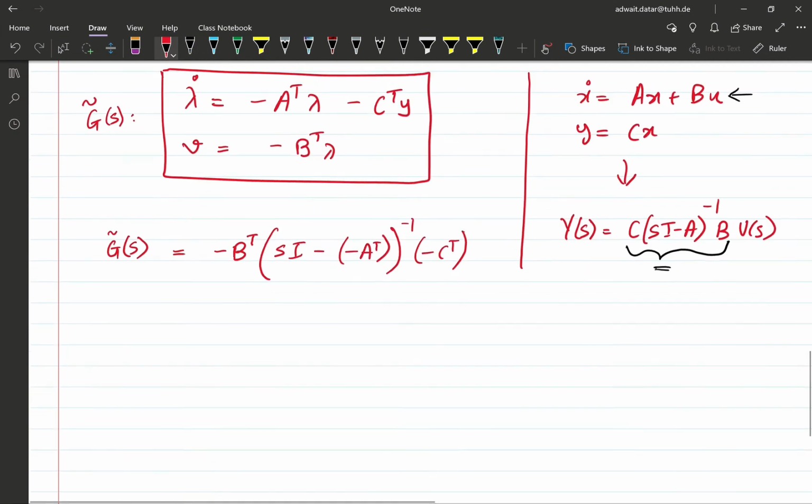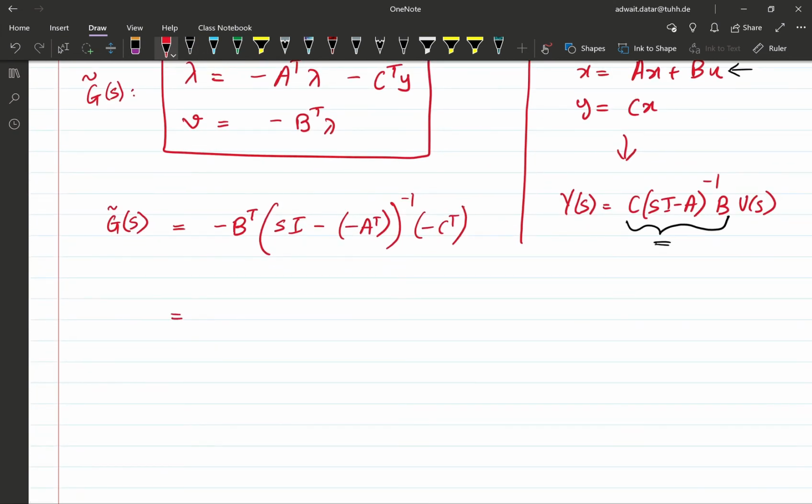So now let's make this a bit cleaner. So the negative signs get cancelled, we get P transposed. You can take this negative sign gets cancelled, so we get sI plus A transposed inverse C transposed.